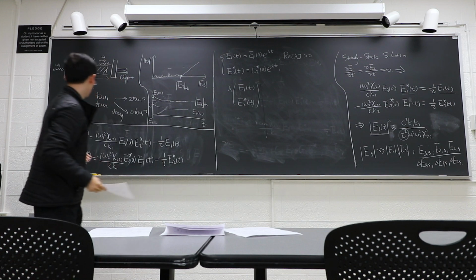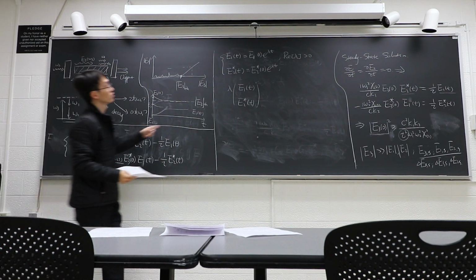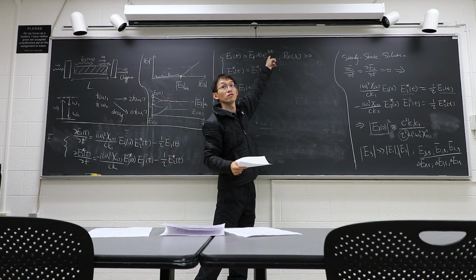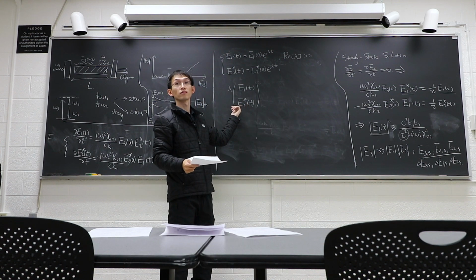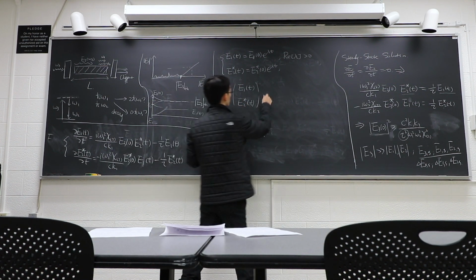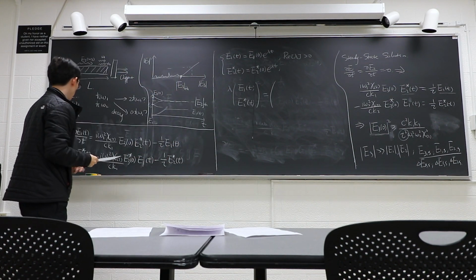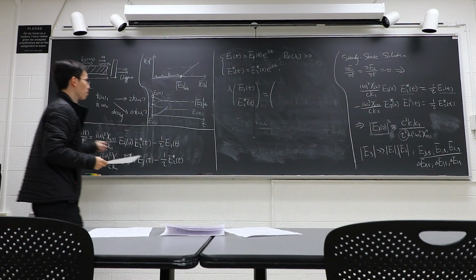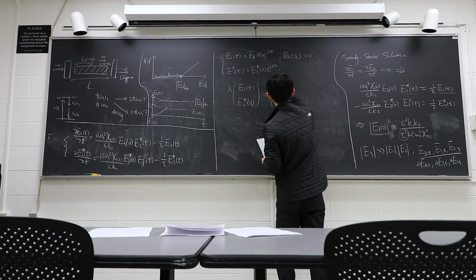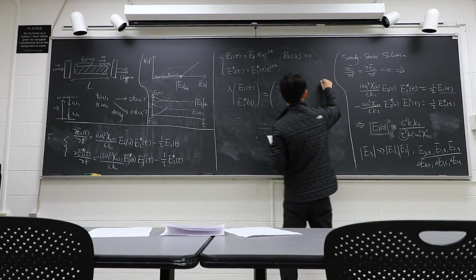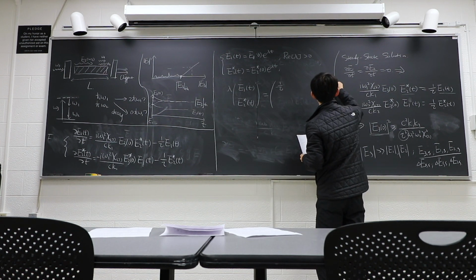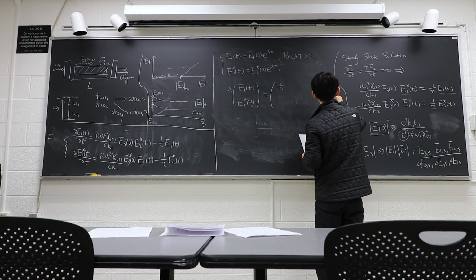This is the derivative in t, so you get the lambda out in front. Then here you have E1, E2.